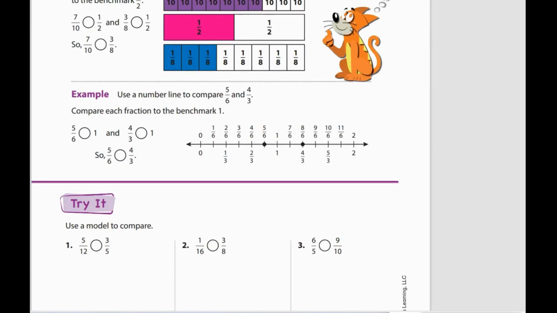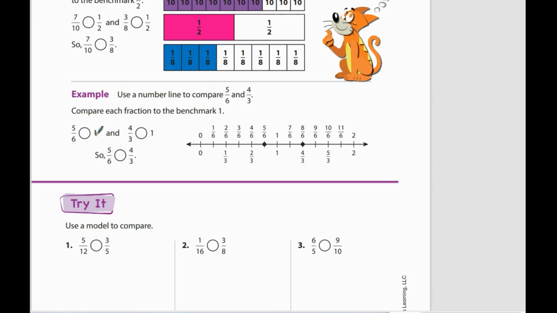And here we have our number line. Use a number line to compare 5/6 and 4/3. So let's take a look at this one right here. Well, I have 5/6 compared to a whole. Well, a whole could be 5/5, 6/6, 7/7.